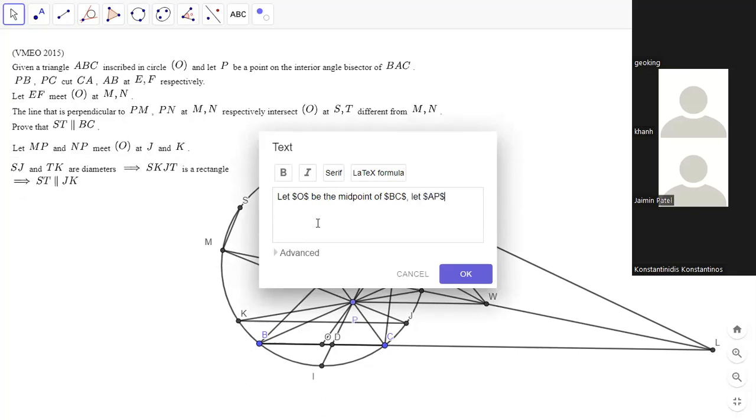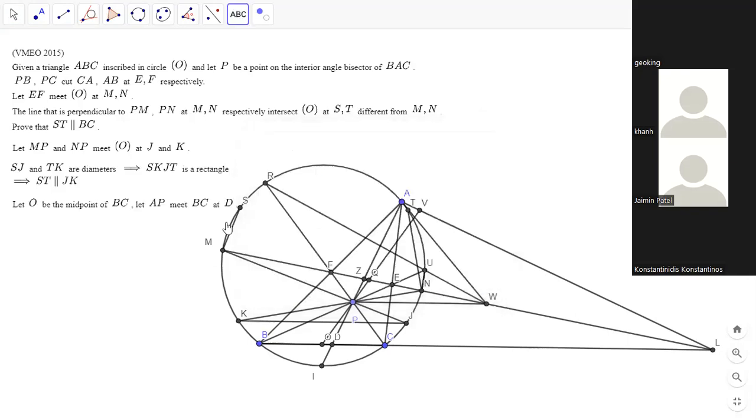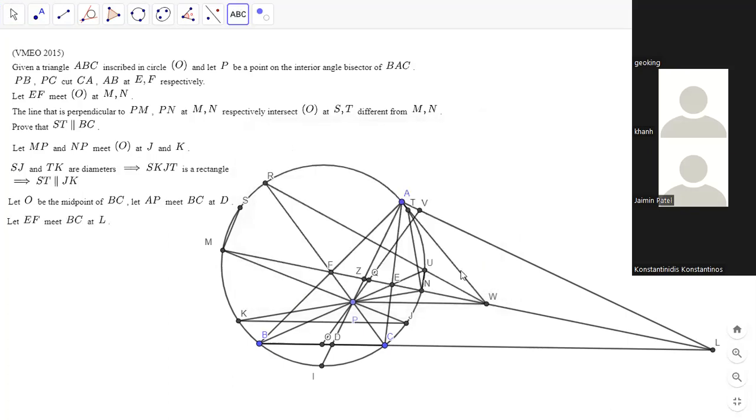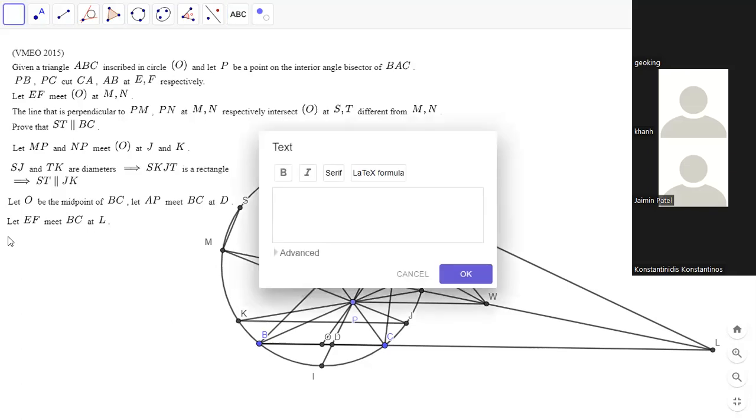Let AP meet BC at D. And then let EF meet BC at L. B, C, D, and L are in harmonic conjugation.